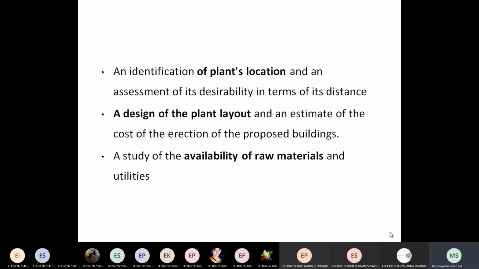It should be nearer to the shipping area, or nearer to the transport where you are getting the raw materials. If it is far away from the raw materials, the overhead cost will be more, right? If it is nearer, then the overhead cost will be less.